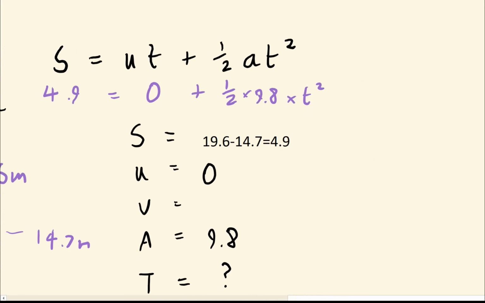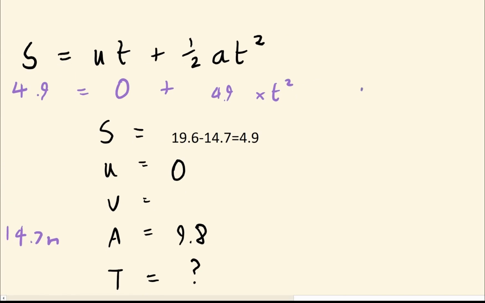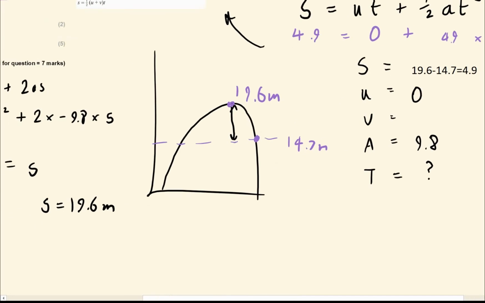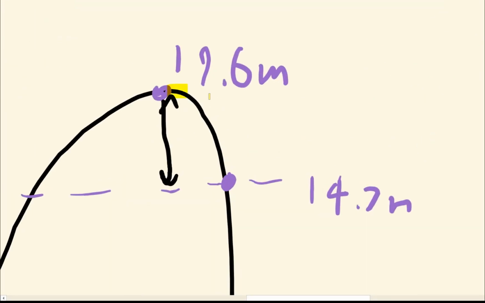You work this out, and it turns out that because a half times 9.8 is 4.9, that means that t is going to be 1, because t can't be negative. So therefore, it took 1 second to go from here to here.